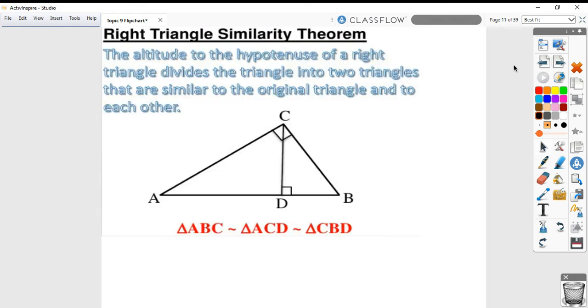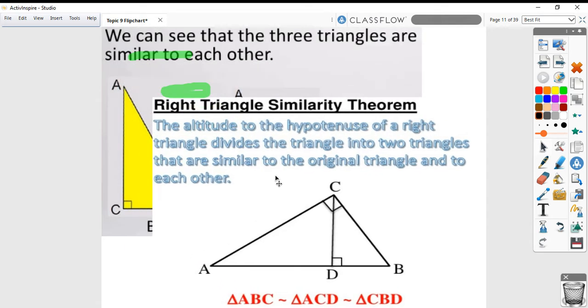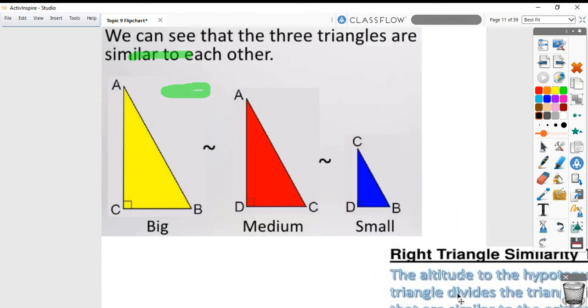This theorem right here, the right triangle similarity theorem, says that the altitude to the hypotenuse of a right triangle splits the triangle into two triangles that are similar to the original one. So what I'm saying here is that our big triangle, our small triangle, and our medium one right here, they are all similar to each other.